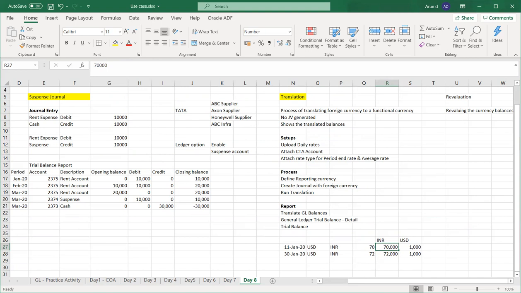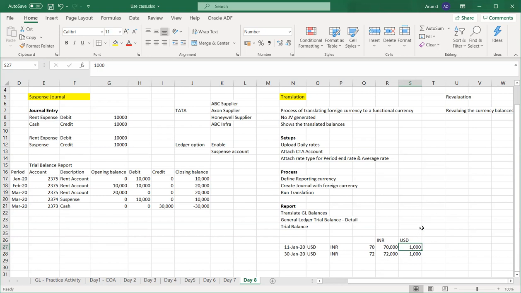From the bank, I cannot withdraw in INR if I'm sitting in the US, so I'll be withdrawing in USD. When Honeywell receives the amount, they will receive it in INR, equivalent to the 70,000, and banks will generally charge us. On this date, if I'm paying, I'm paying 70,000, but on the later date I might be paying more than 1,000, since the rate is 72.